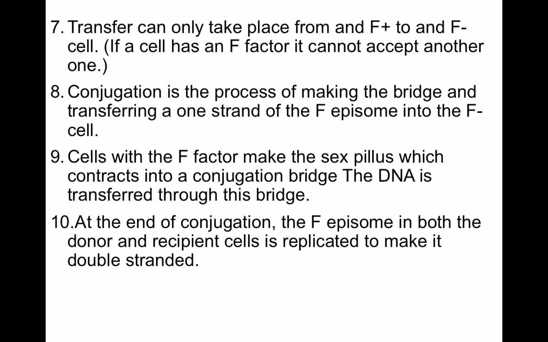Conjugation is the process of making the bridge and transferring one strand of the F episome into the F- cells. Cells with the F factor make the sex pili, which contract into a conjugation bridge. The DNA is transferred through this bridge. At the end of conjugation, the F episome in both the donor and recipient cells is replicated to make it double-stranded.